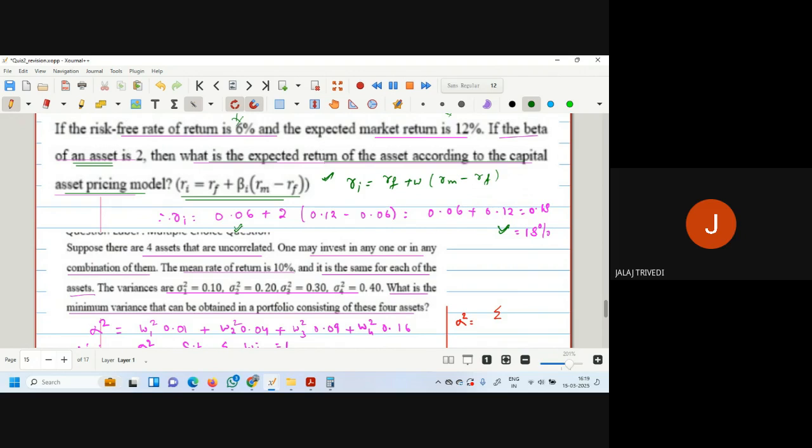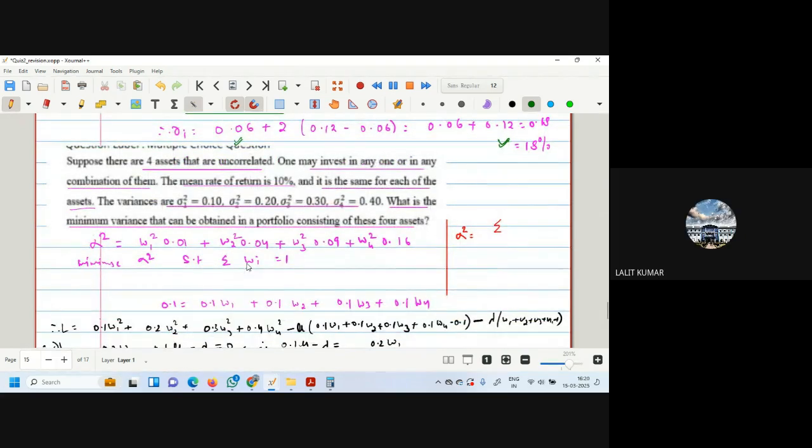Right. Now, next question: suppose there are 4 assets that are uncorrelated, so this Wij becomes 0. One may invest in any one or any combination. The mean rate of return is 10% and it is the same for each of the assets. The variances are different; these are the variances. What is the minimum variance that can be obtained in a portfolio consisting of these 4 assets?